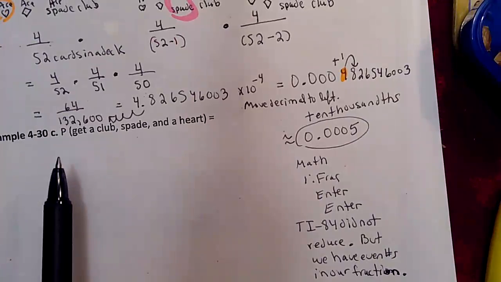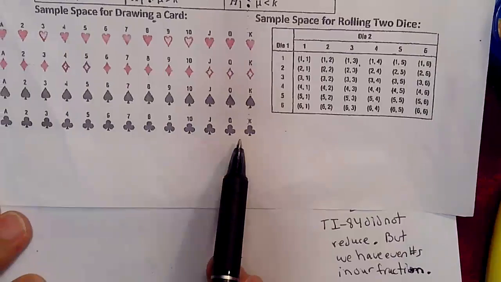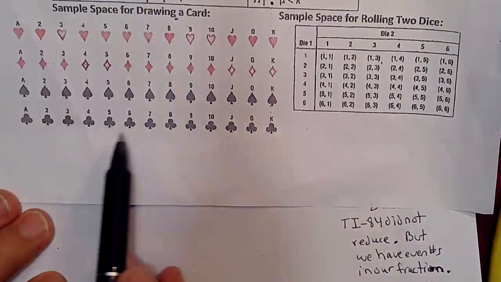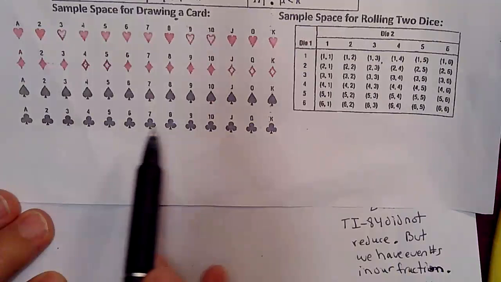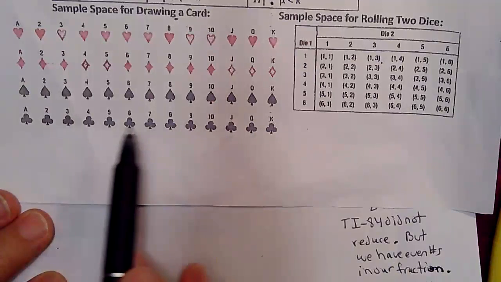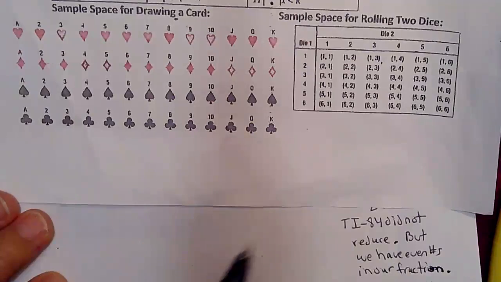So when you look at your cards and you look at your clubs, these are your clubs, the flowery leaves here. Look at all your clubs. Looks like there's 13, right? There's 13 items in a suit.